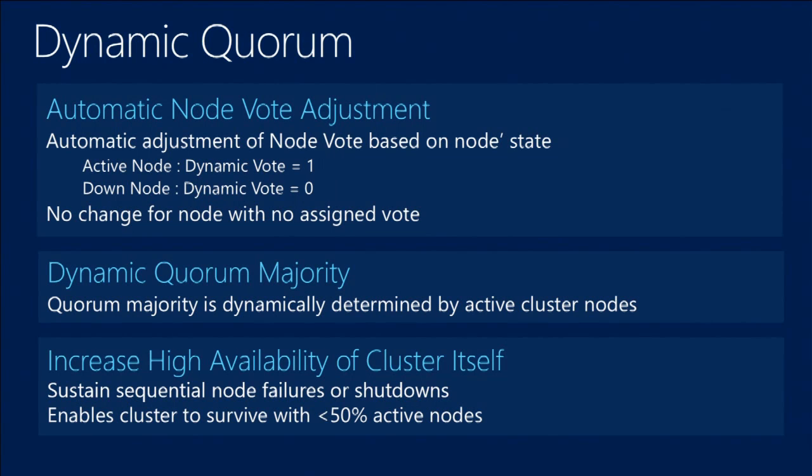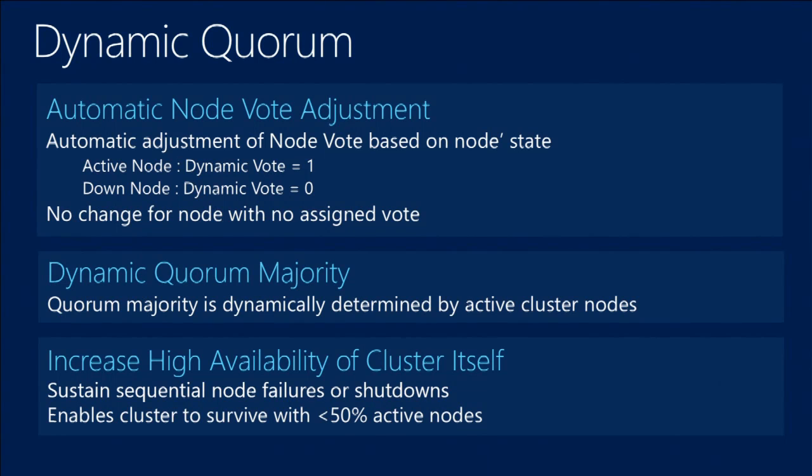With dynamic quorum, based on the state of the nodes, when the cluster adjusts nodes' votes, it adjusts the total number of votes actually required for the cluster's quorum. Because the total number of votes is adjusted, the majority requirement of the quorum is also dynamically calculated using the dynamic quorum logic.